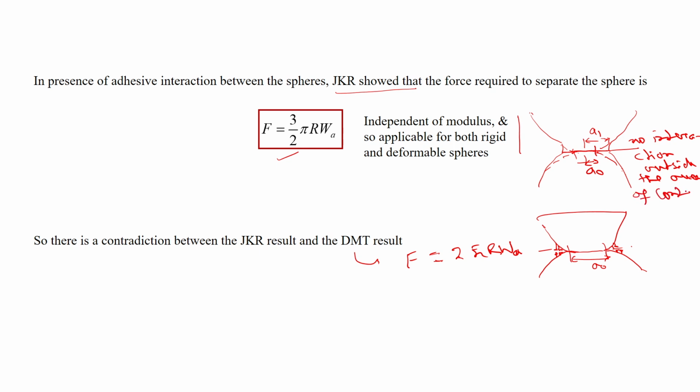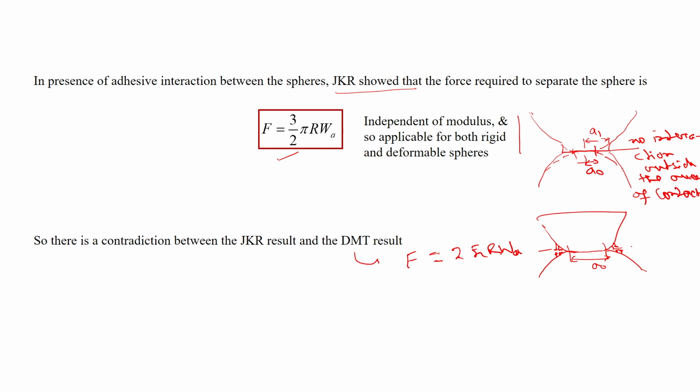However, that is not the case in DMT. The DMT model considers that there is attraction between the spheres outside the contact area. So, that is a basic difference, and for quite some time there was a lot of discussion and argument and counter argument between the proponents and believers of these two models.